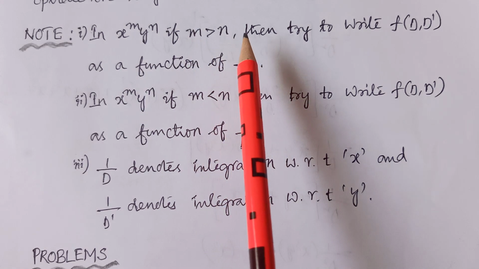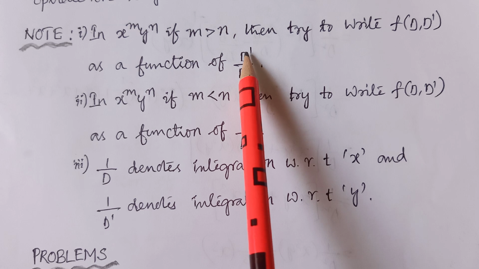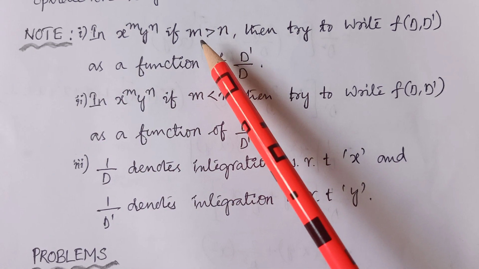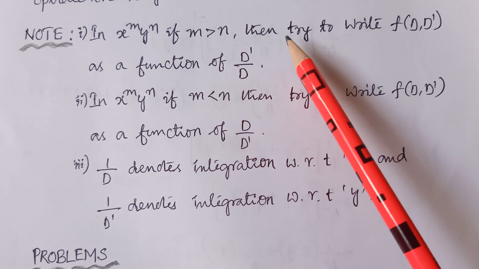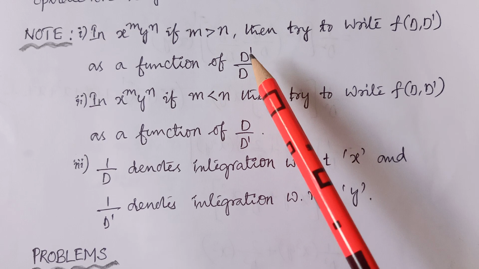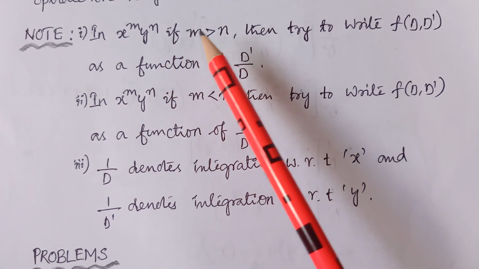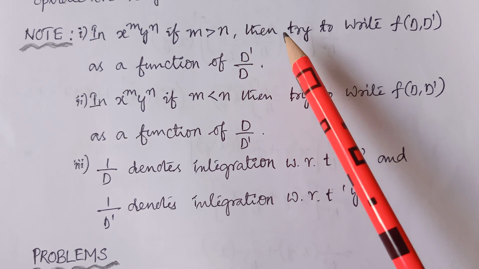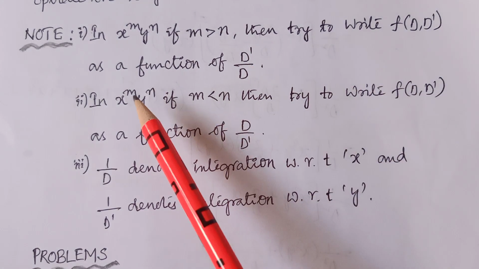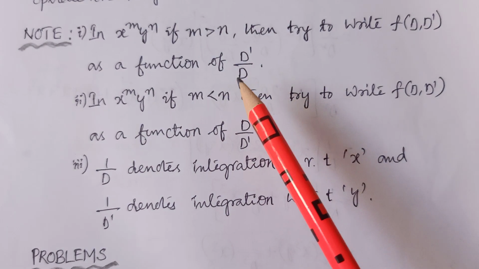If m is greater than n, like x square y or x cube y square, then try to write f of D comma D dash as a function of D dash by D. Remember, this is very important.